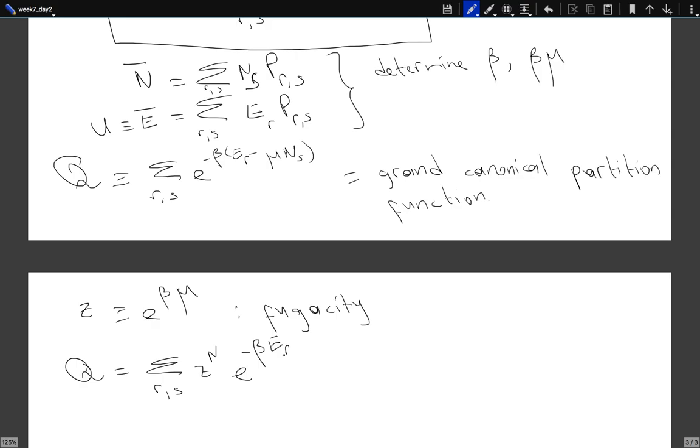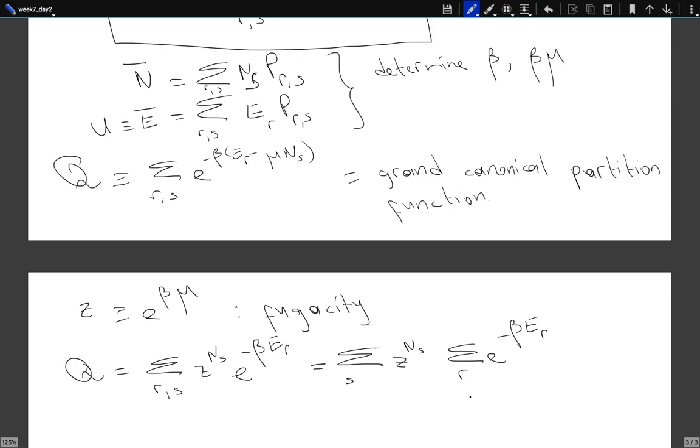Well, since we have these two different kinds of sums, for a given N we are summing over all possible microstates with different energies, and then we are summing over N. We can just separate those two sums. If we make such a separation, this is just the sum over the number of particles, Z to the N, times the sum over R of e to the power minus beta ER.